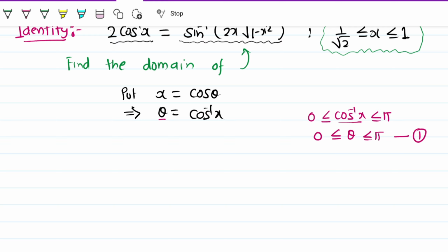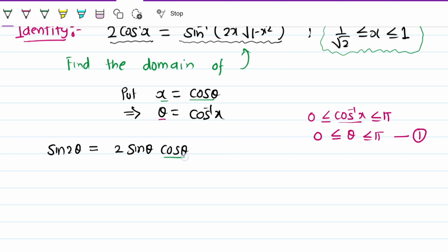Next, to prove this, we will be using the simple trigonometric identity, sine 2 theta equals 2 sine theta cos theta. Now, we already have x equals cos theta.